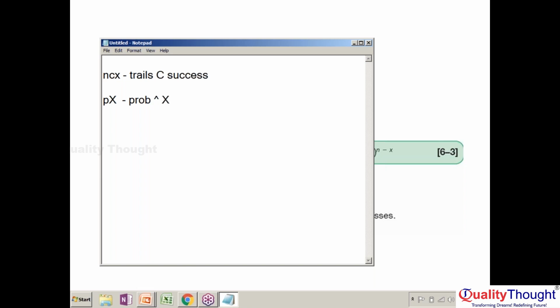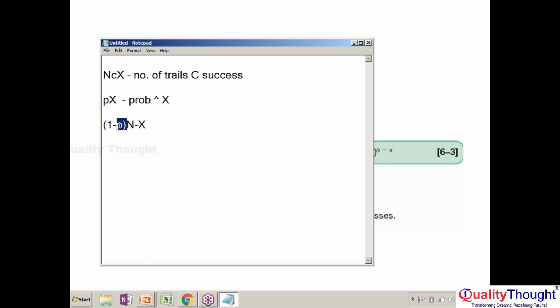Next one is 1 minus P, whole to the power n minus x. We know what n is, right or wrong? n represents the total number of trials. Why?